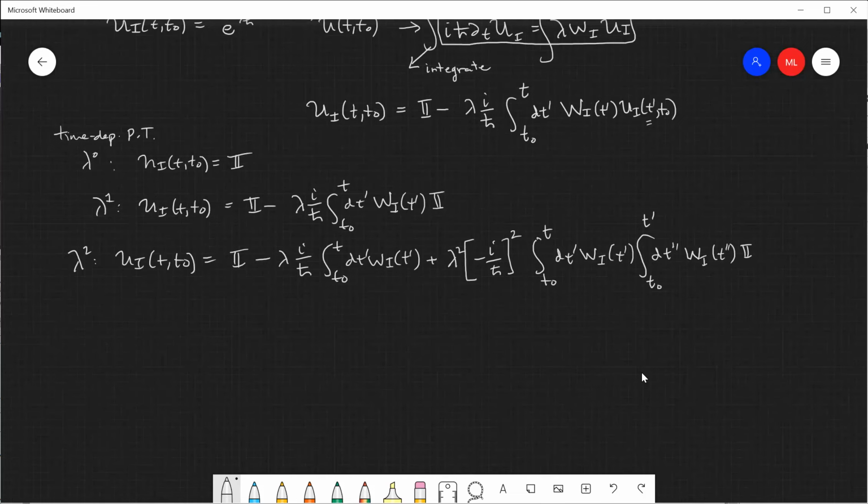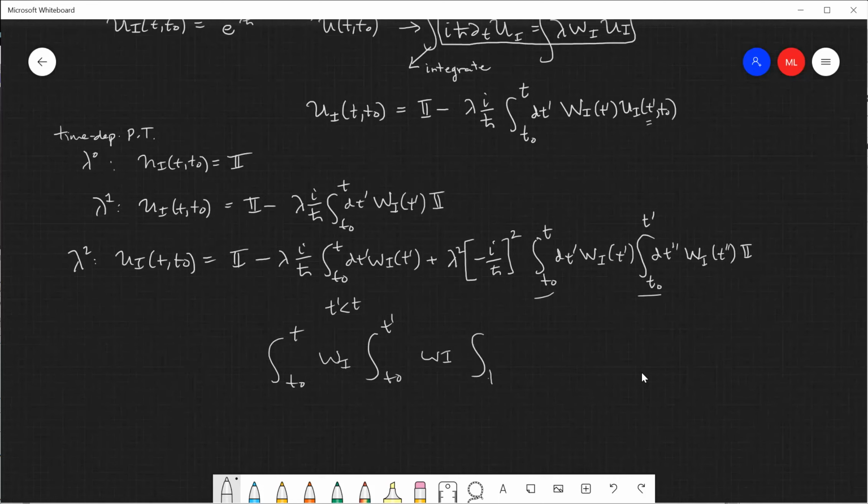And what's kind of inconvenient about all this is that each time you do that, you get these iterated integrals. You always get something like from t_0 to t of W_I, and then you get from t_0 to t prime, where t prime has to be less than t, another W_I.